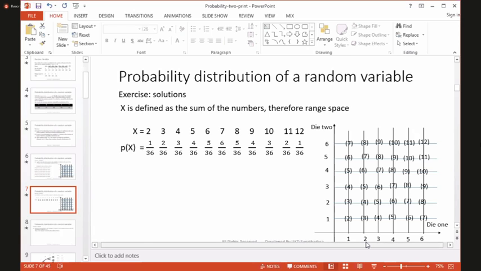That is how we calculate the probabilities. I think you can understand well now. Similarly, see 3, 4, 5. The number 6, 5 times. The number 7, 6 times. 8, 5 times. If you add all these numbers, finally you get 36 by 36, which is 1. The total probability will be 1. This is the feature of the probability distribution, remember.